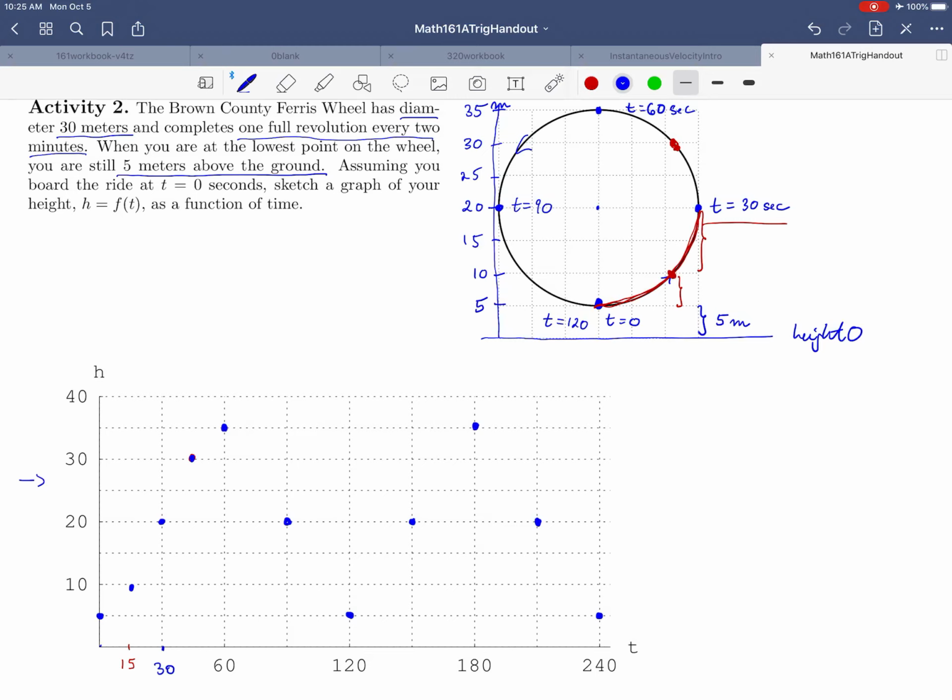So connecting the dots, it looks like we are getting a shape that looks somewhat like this. And if I draw this carefully, I could plot a few more points, but you can convince yourself by doing that the graph of the height of somebody riding the Ferris wheel is going to look like this wave.